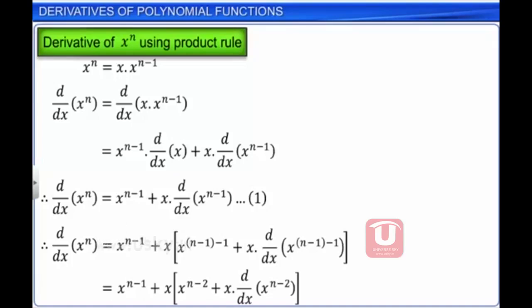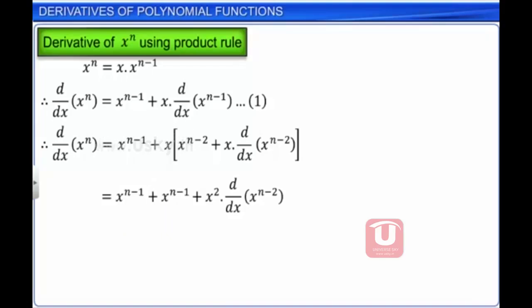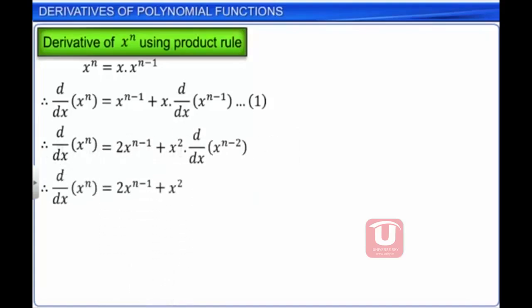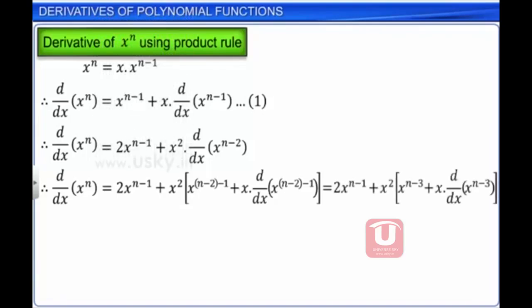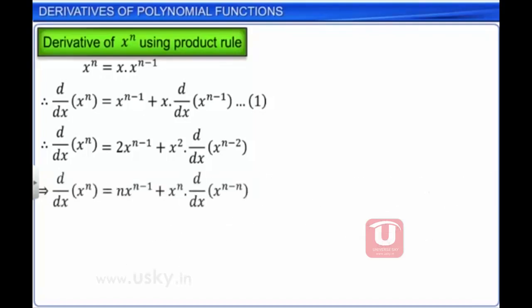Using equation 1, we can write the derivative of x power n minus 1 as shown. In a similar fashion, we can write the derivative of x power n minus 2 as shown. In the same manner, differentiating successively up to n times, we get the form as shown.